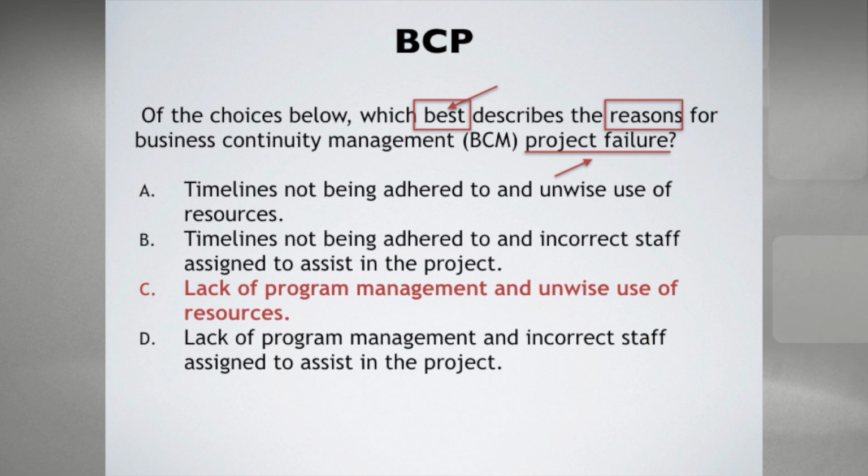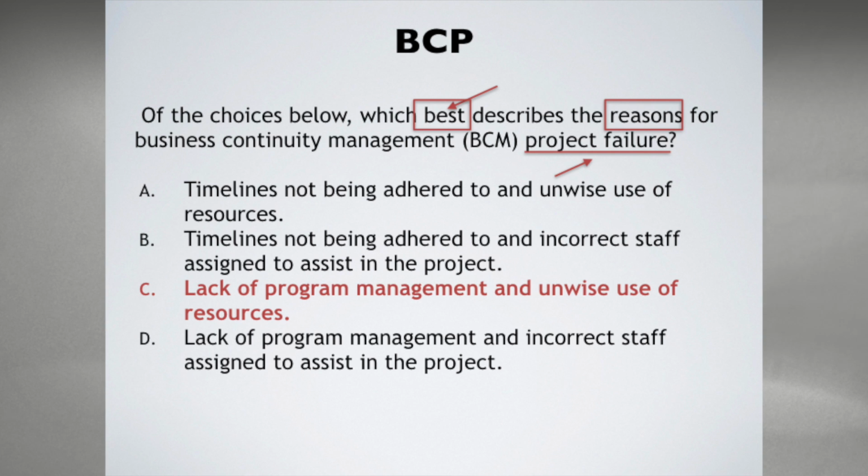Remember, read the statement for what the statement is asking. The statement is asking, for instance, which best describes the reason. Well, which best describes the reason for what? Well, we have to figure out what that reason is, and it wants us to think that it's business continuity management, when in fact what they're truly asking is why the project failed.